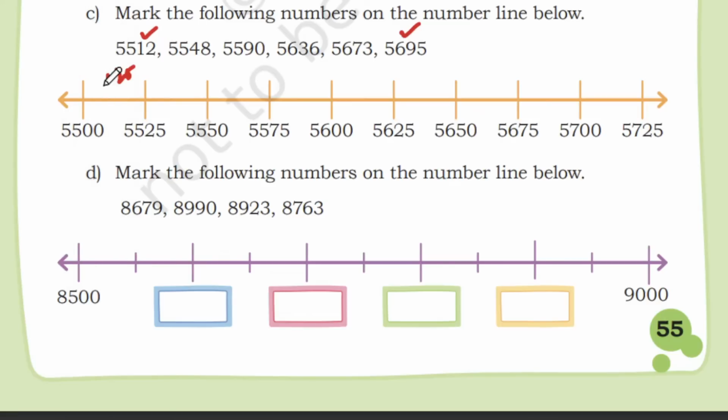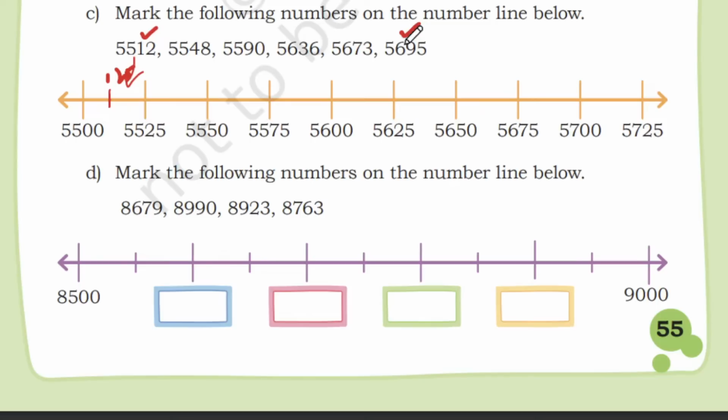Okay. So 1, 2, 3, 4, 5, 6, 7, 8, 9. It should be very tiny lines, students. Okay. If you have a scale, you will be able to do it. But it will be between 500 and 525. Okay. So I'm marking here as 512.